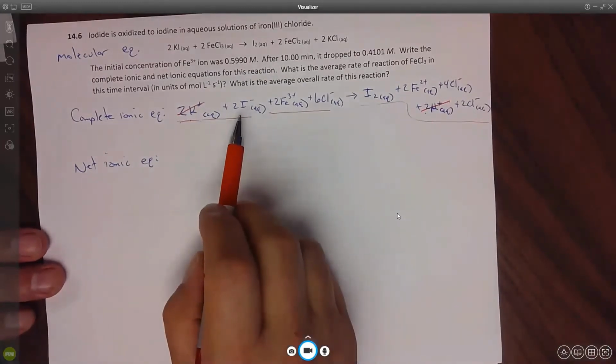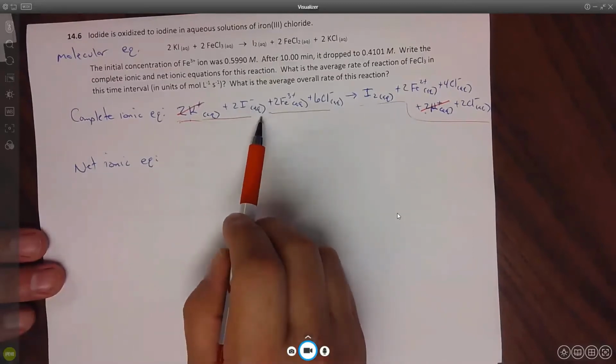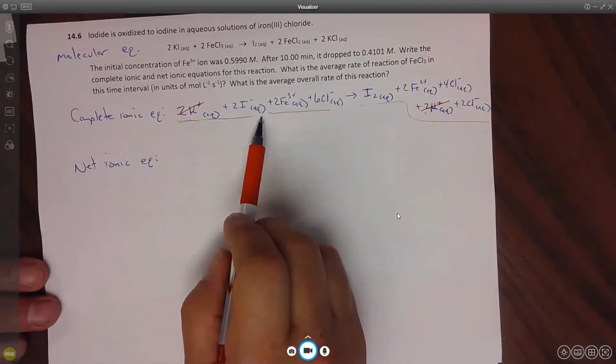What about the iodide, Eugenie? Did that change at all? Yeah. It's I minus over here, an individual ion floating around all by itself.